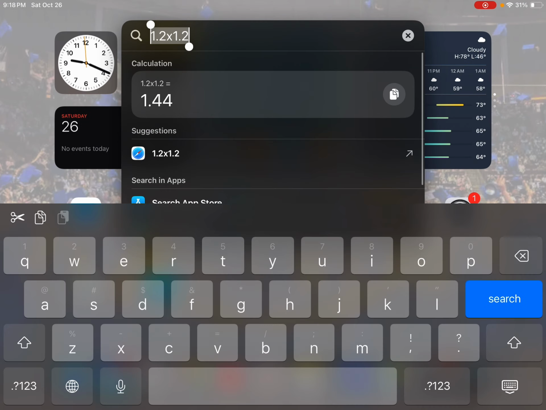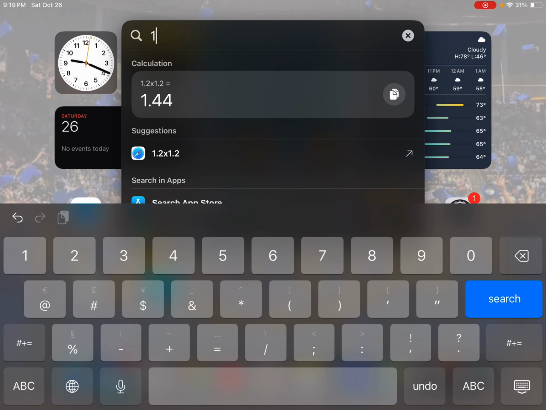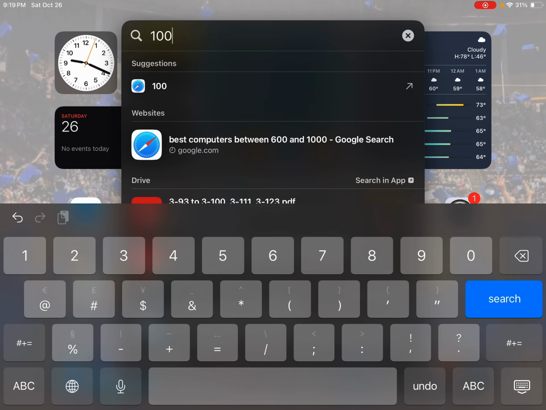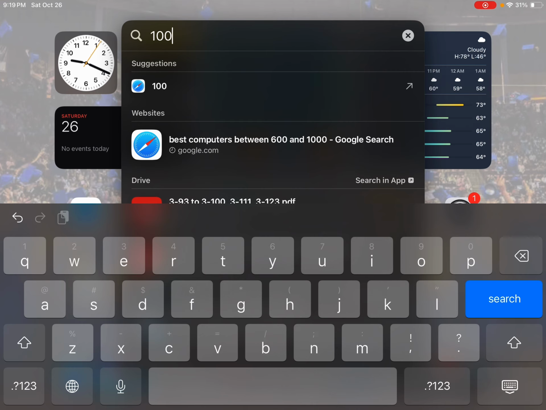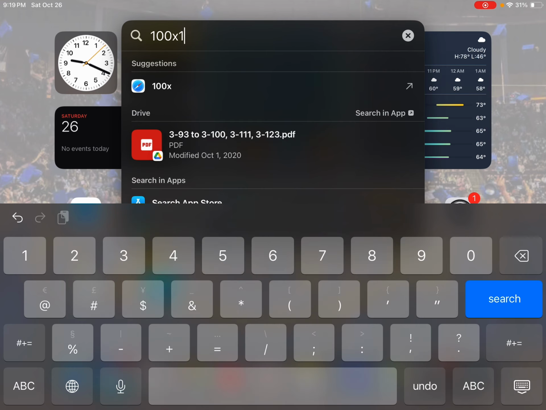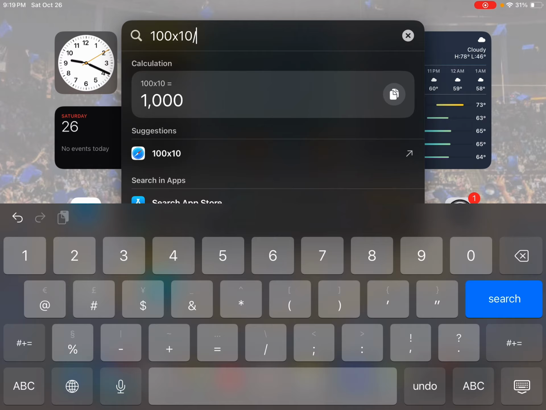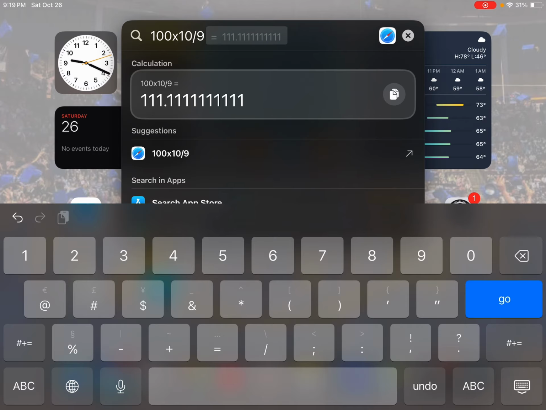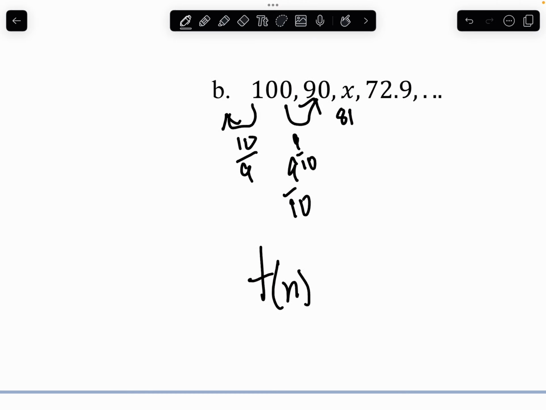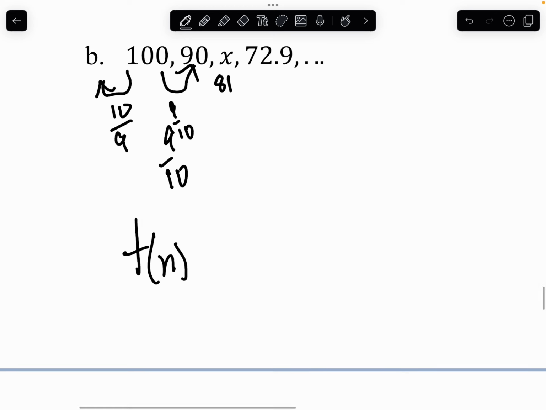So now I do 100 times 10 divided by 9, which is 111.11111 forever. So our zero term is 111.1, and I'll put the repeated sign over that.